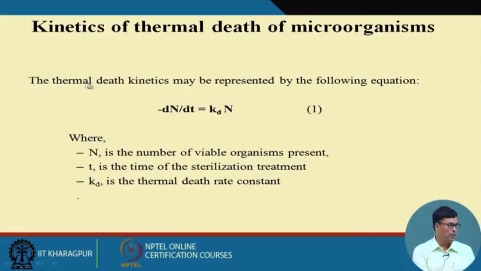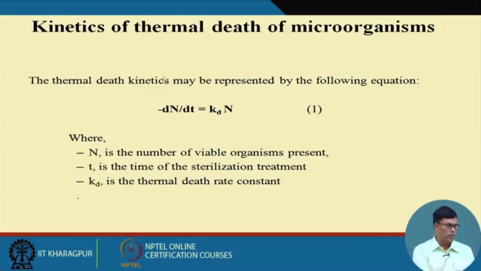So the kinetics of thermal death of the microorganism can be expressed like this: minus dN by dt equals kd into N, where kd is the thermal death rate constant and N is the number of viable organisms present.